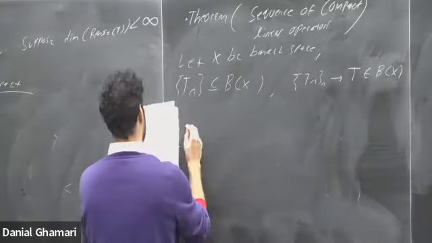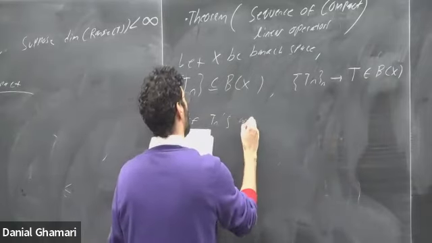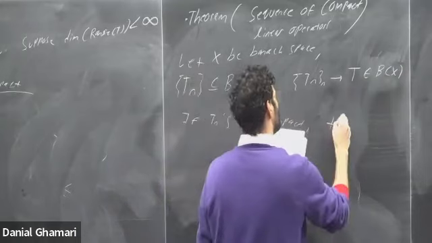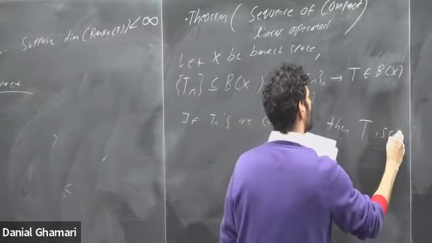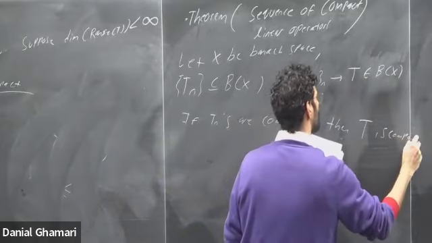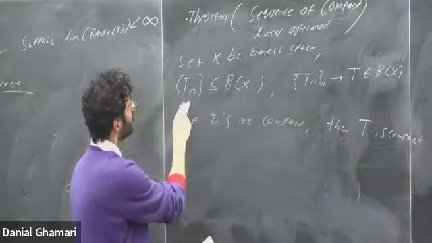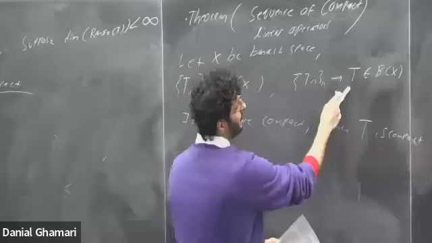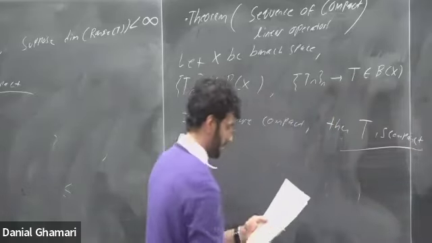Then if the Tn's are compact, then T is compact. So essentially we have a sequence of compact linear operators, and if they converge to T with respect to the operator norm, then T has to be compact.